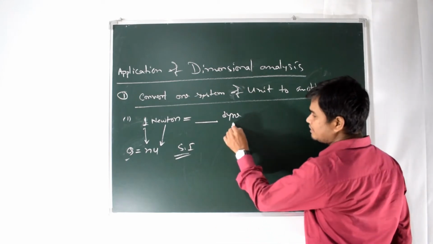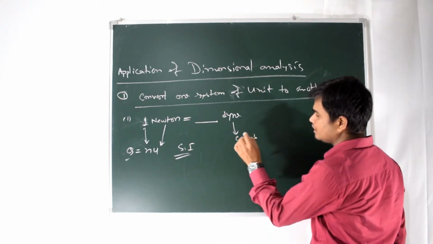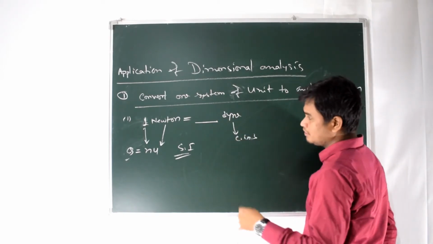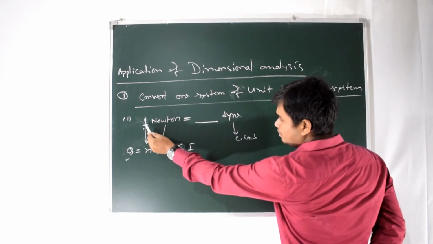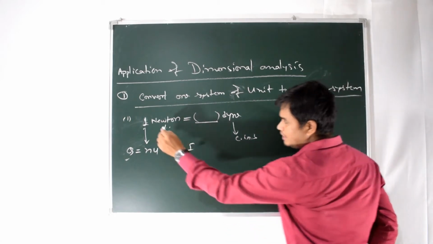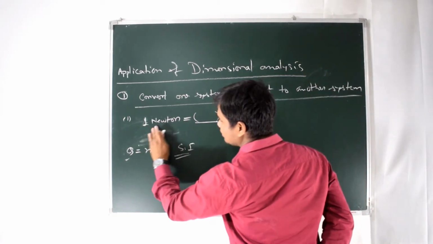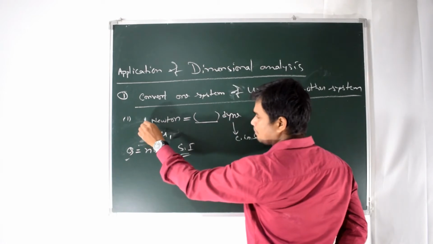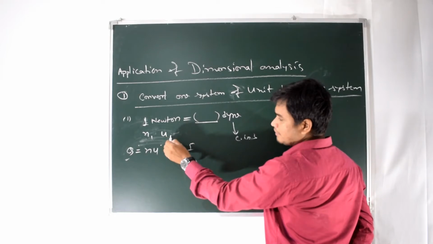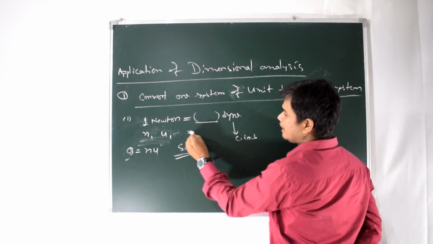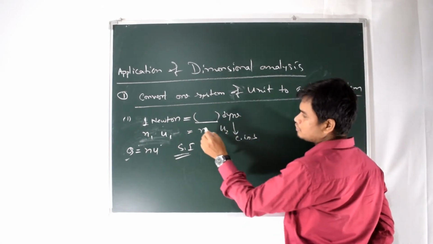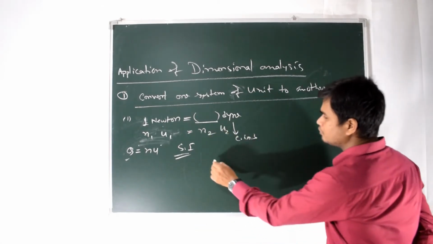Now another system is CGS. The unit of force in CGS is dyne. So you are asked to find this value. If this is represented as N1 U1, number 1 and unit Newton in system 1, and in another unit system U2, that is dyne, the number is N2. So we have to find N2.